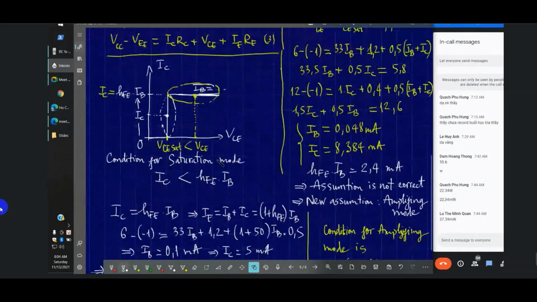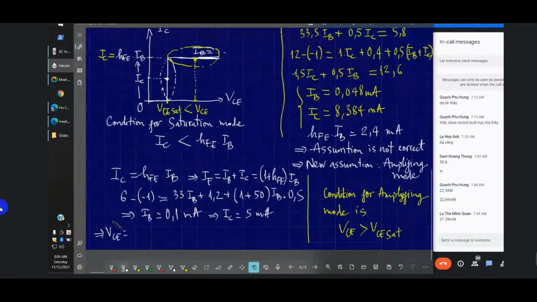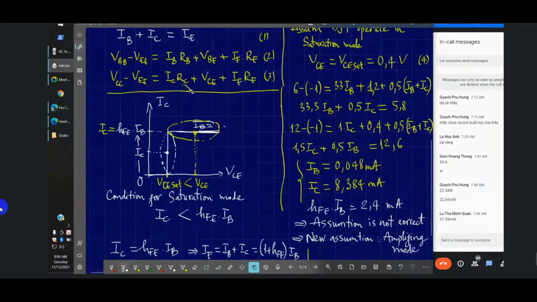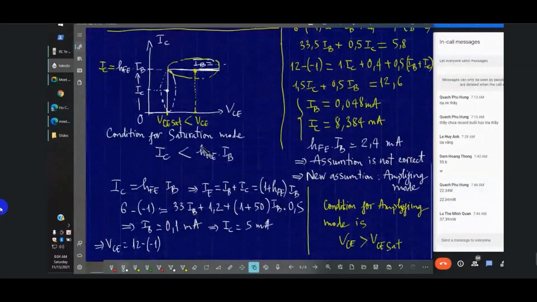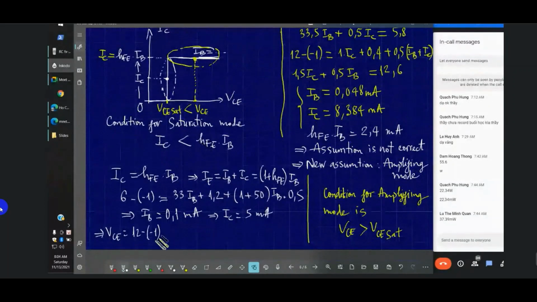So it would be 12, right? And then minus of minus 1, right? Minus of minus 1 right here, and RC IC. So minus RC for 1, IC for 5, okay?